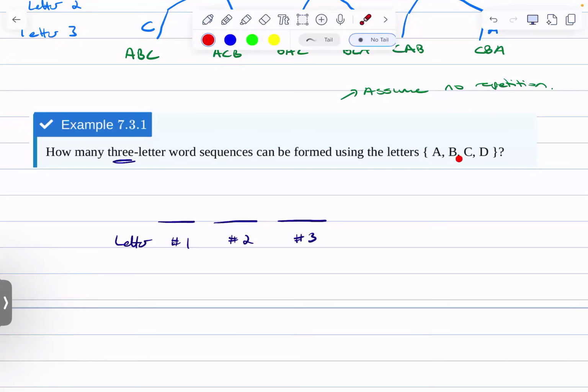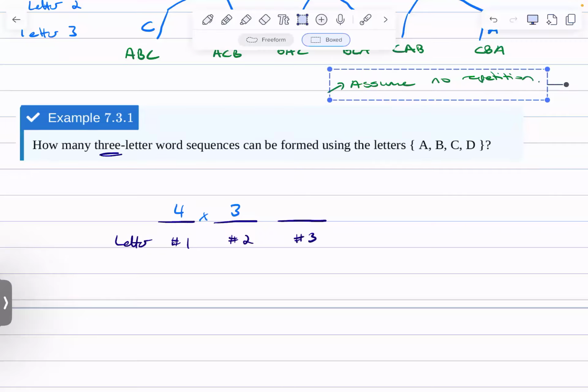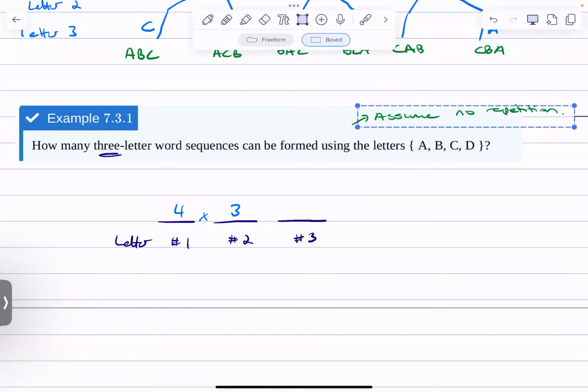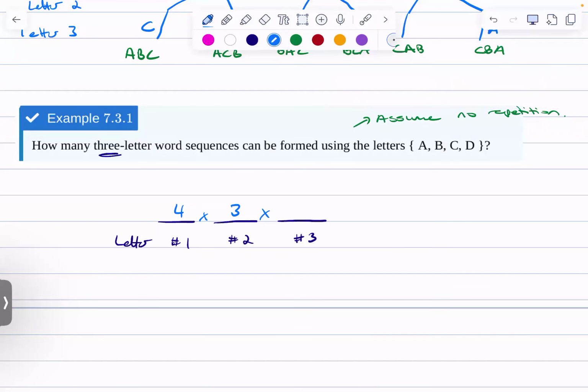I have 4 letters to choose from initially, and then 3. We're going to assume no repetition here. And then 2. It doesn't have to go to 1. That's okay. We only needed 3 letters.